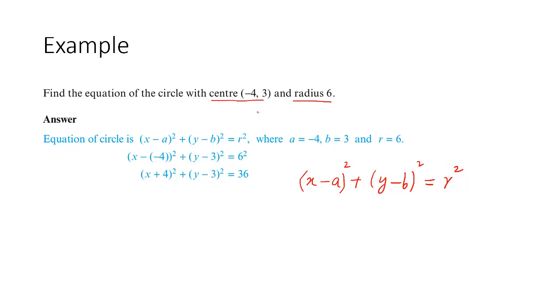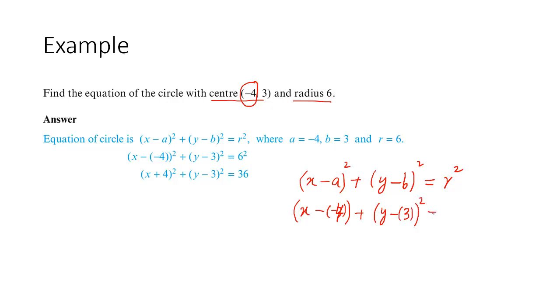So just plug in the values here. The center is minus 4 comma 3. So x minus minus 4, plus y minus, sorry, it is minus 3 here, and it is 4.